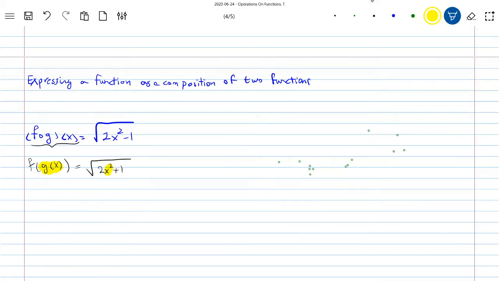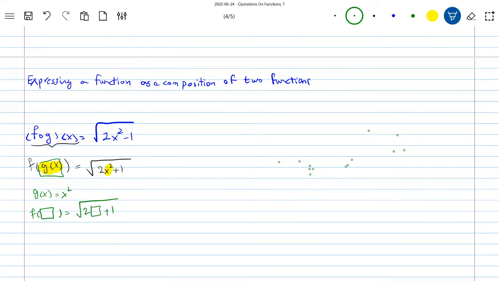Here's an example of it. If I highlight g of x as x squared, what is f of box? If I call this a box, what you get is square root of 2 times box plus 1, right?